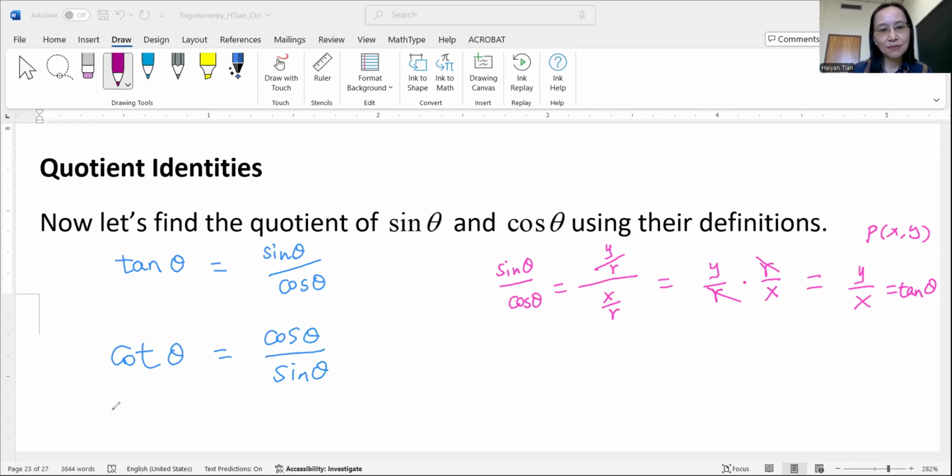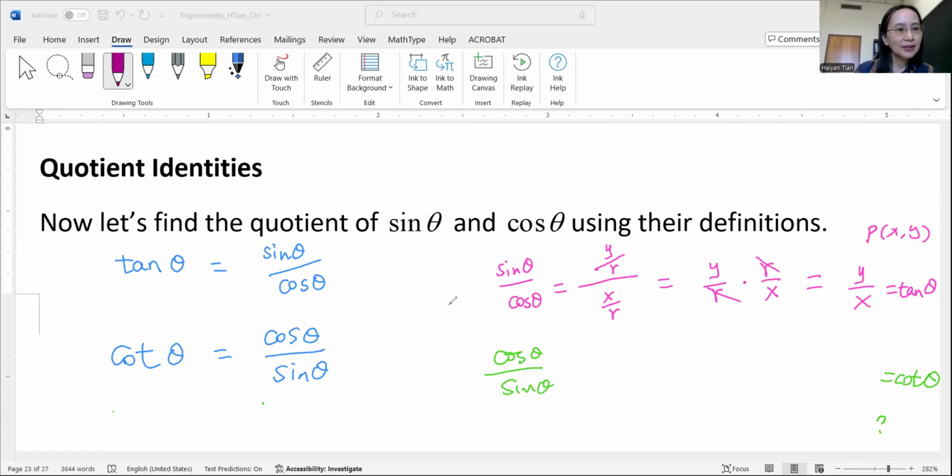We can just use a similar method. Let's go from the more complicated side to the other side, right? Let's just divide cosine theta by sine theta and see if we can eventually get cotangent theta. Right now we don't know yet. We are going to show it.